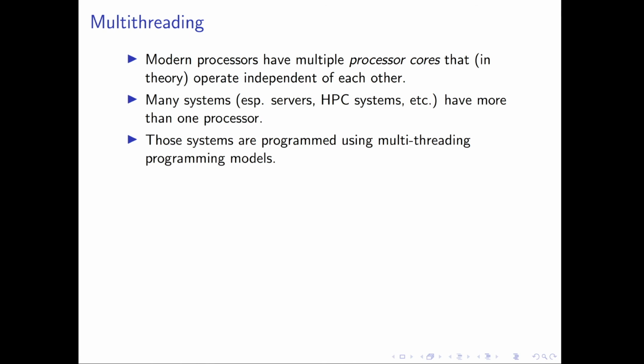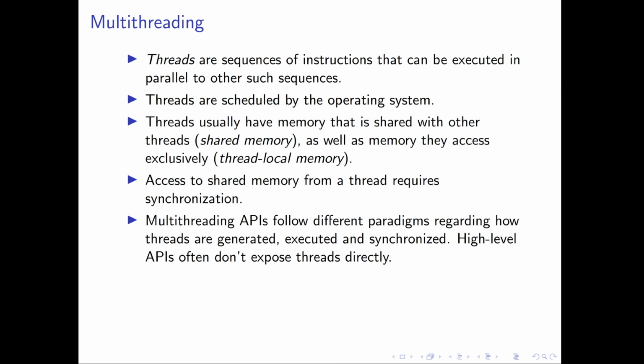This type of system and this type of parallelism is programmed using so-called multithreading programming models. And the elementary unit with multithreading is the thread. A thread is just a sequence of instructions that can be executed in parallel to other such sequences of instructions.